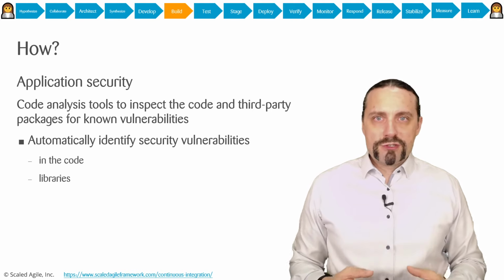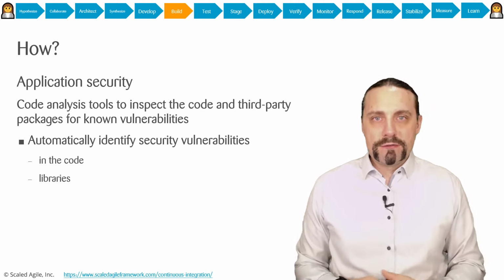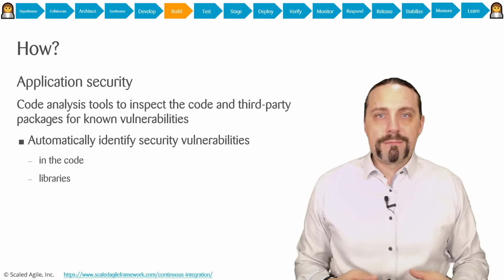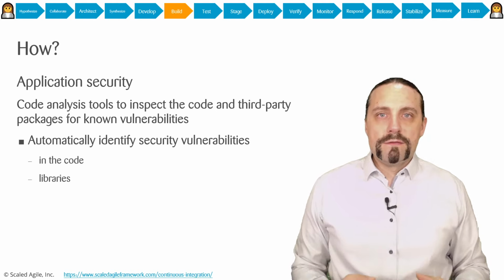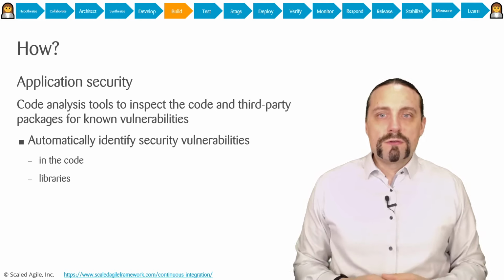I have already mentioned that we need to also execute static security checks. They are summarized under the term application security. Here we are going to statically analyze our source code for security vulnerabilities.